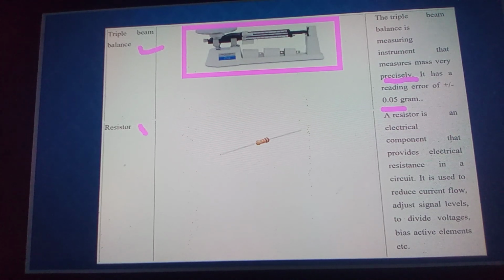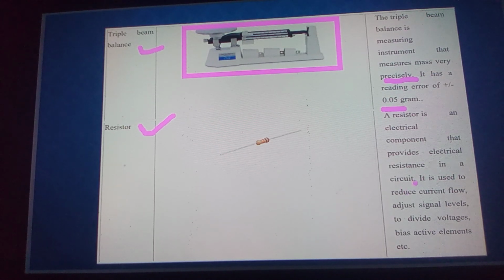Now let us continue by discussing resistor. This resistor is an electronic or electrical component that provides electrical resistance in a circuit.